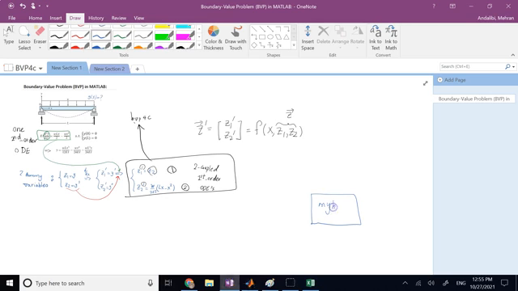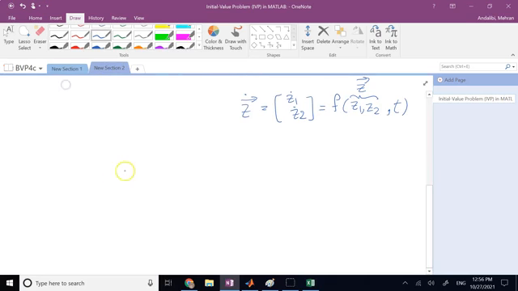So this my bvp fun took vector z and x in general, and it spits out the z prime vector. And for this case, this my ode fun took from you, again, vector z, which includes x and x dot, as well as time. In this case, you don't have time, and it spits out the vector z dot.